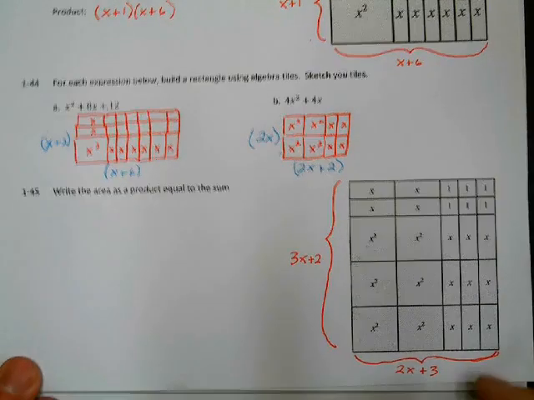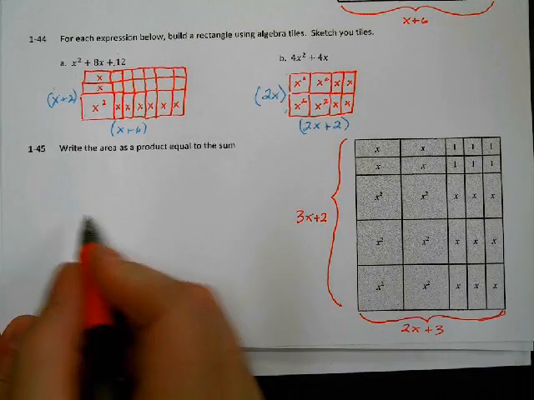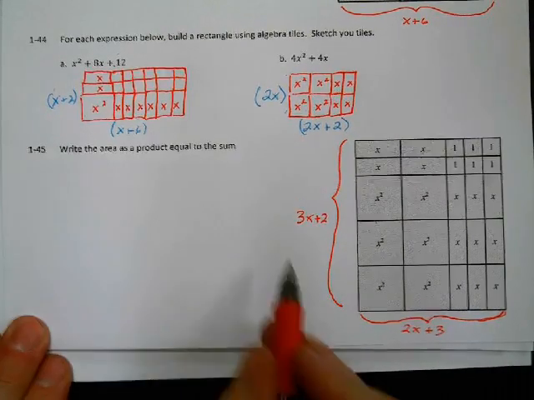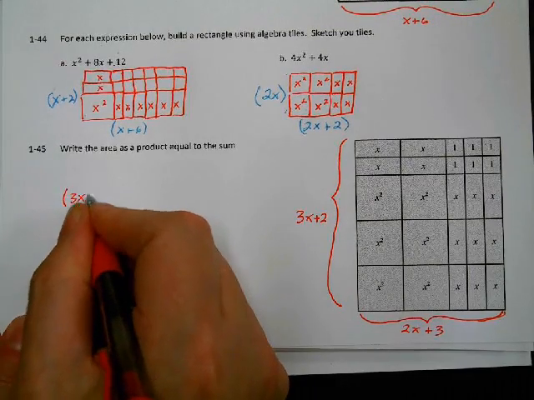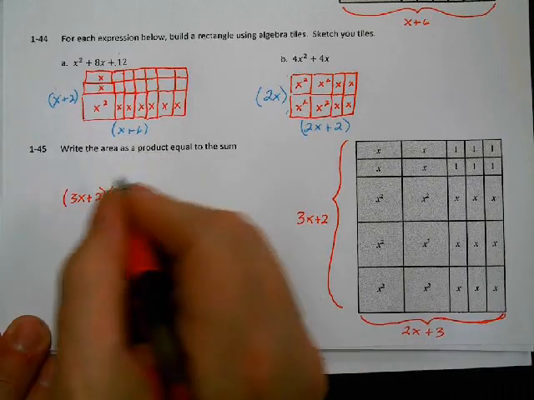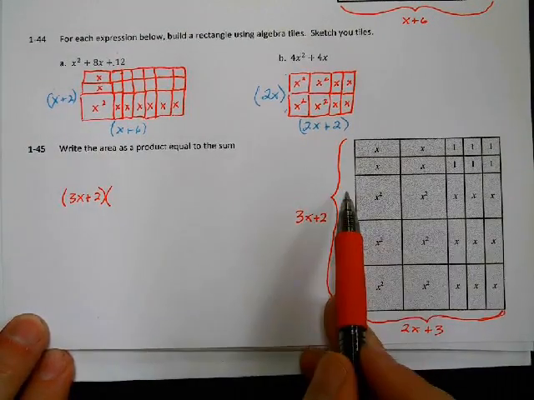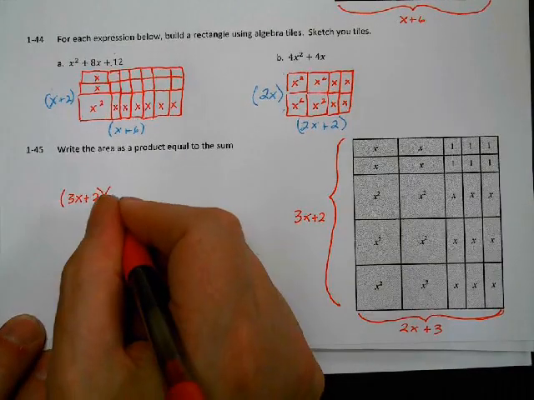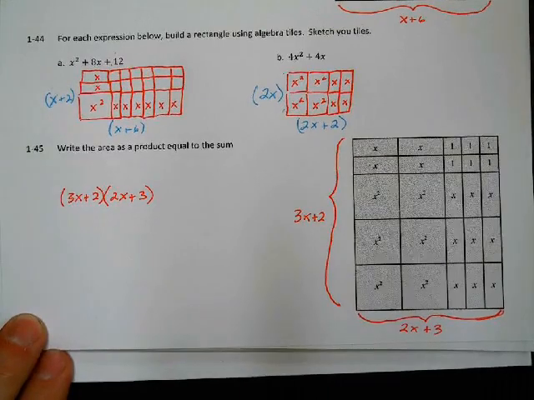All right, so as a product, I've got 3x plus 2 times 2x plus 3. Because this is a rectangle, and we're just doing length times width. So that's one way to write the area, as length times width equals the area.